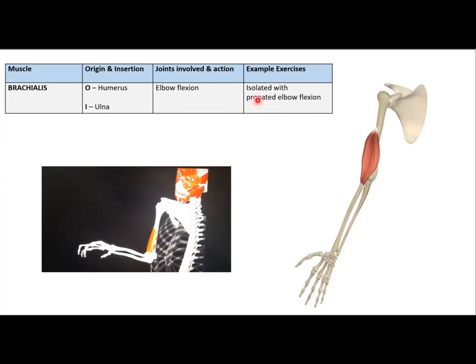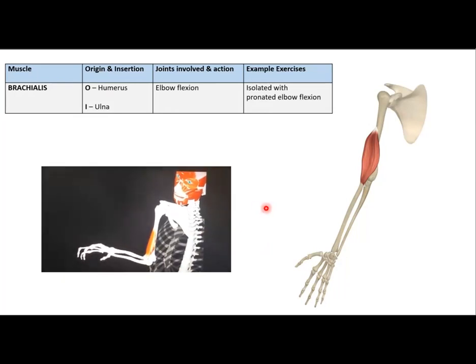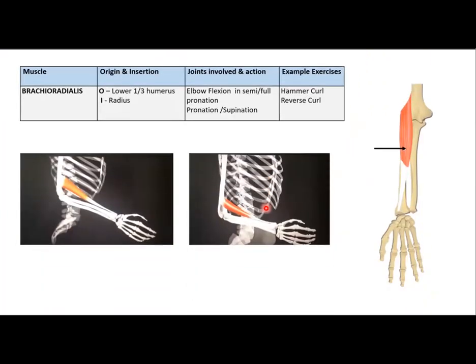It does a pronation. And I'll show you how it looks. Please have a look here. Okay. So when you do reverse curls, you are working your brachialis a bit more. Okay. Next one. I go next when I don't hear any comments.